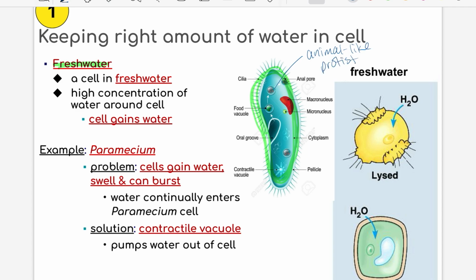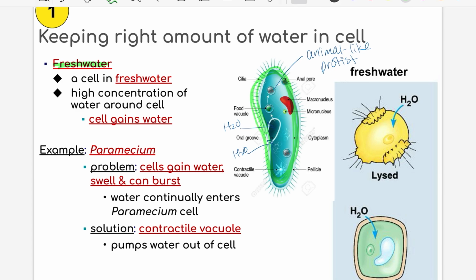So it's kind of like an animal, and it prefers isotonic environments, but they live in fresh water. So the problem is that water is going to move into the cell, and the paramecium is going to swell and burst if it doesn't get rid of its water. But that's what it does.